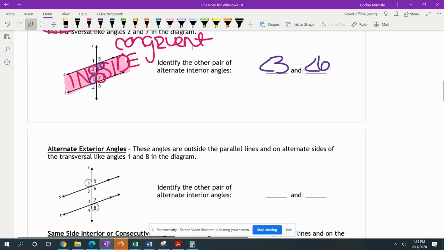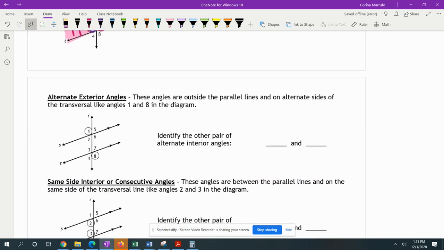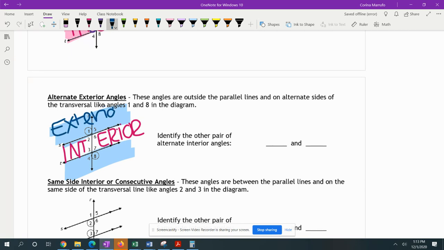Now we have alternate exterior angles. So if this is interior, then that means that this is the outside, and the word for outside is exterior.